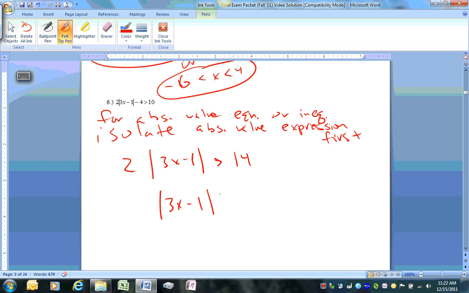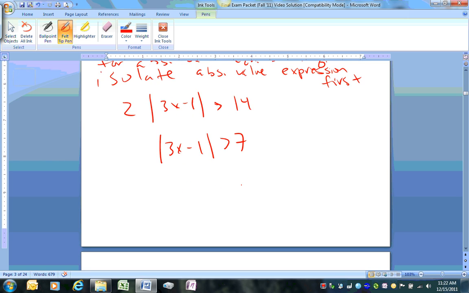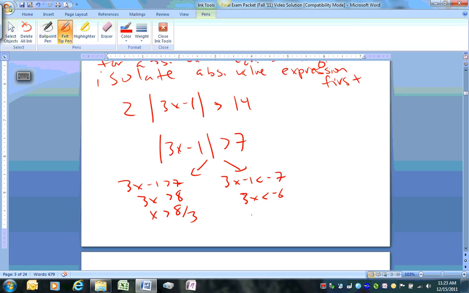Divide by 2. And then we split into 2 separate inequalities. 3x minus 1 is greater than 7. And here you say 3x minus 1 is less than -7. So 3x is greater than 8. X is greater than 8/3. 3x is less than -6.